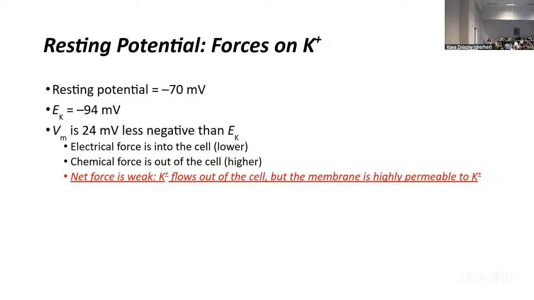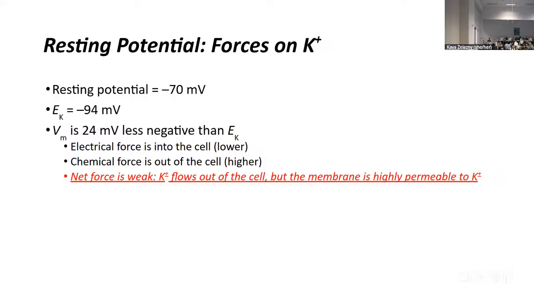So we walked through what's going on with sodium, we walked through what's going on with potassium, and we're left off kind of right. So for our resting membrane potential, we're at -70. Remember that that's pretty close to our equilibrium potential for potassium of -94 millivolts.